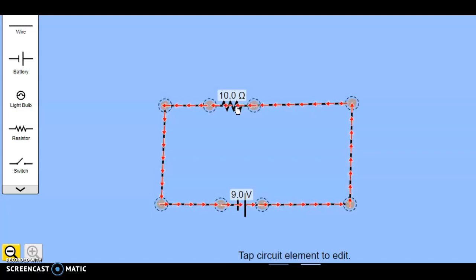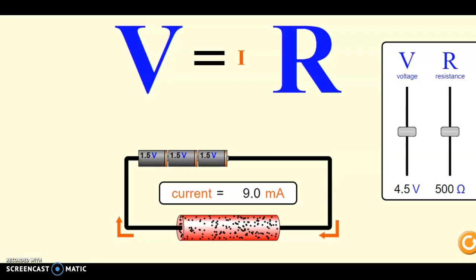The actual measurement of resistance is in the unit ohm. Ohm's law can be used to determine the resistance of an ohmic resistor. This is what we call Ohm's law: V equals I R. V is the symbol for voltage, I is the symbol for current, and R is the symbol for resistance.